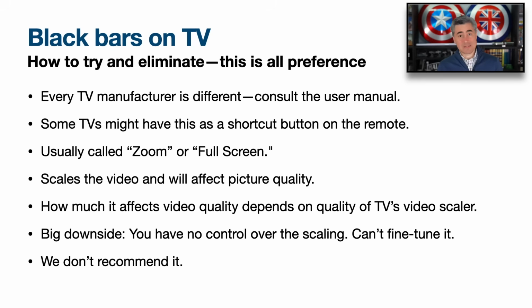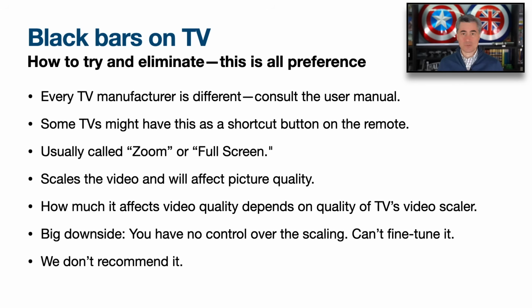Some TVs may have this as a shortcut where you can zoom in the image. Otherwise, you have to dig deep into the menu system and enable this. Oftentimes it's called zoom or full screen. Sometimes it's called stretch. Avoid stretch at all costs, however, because that takes a 4:3 image and literally stretches it out and distorts the image.